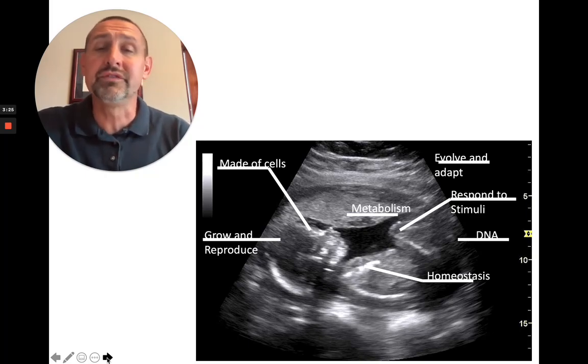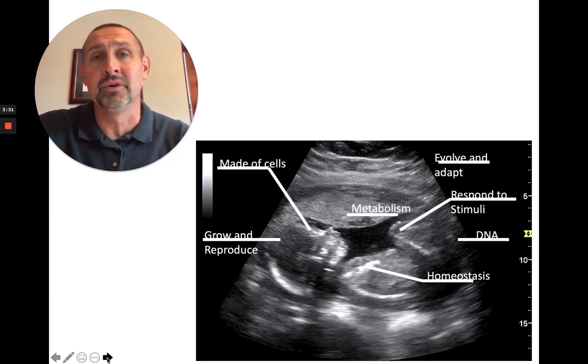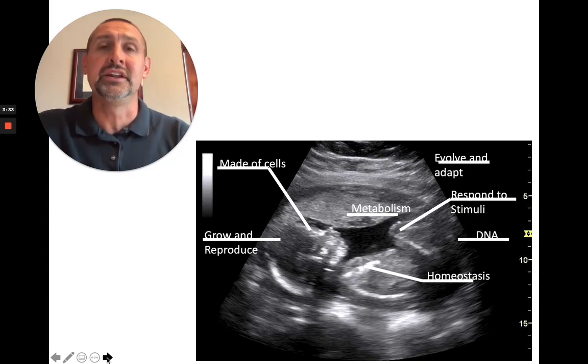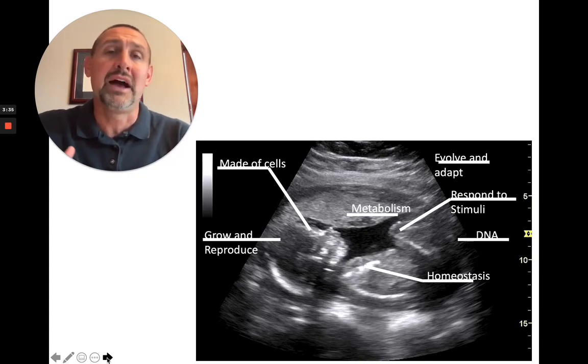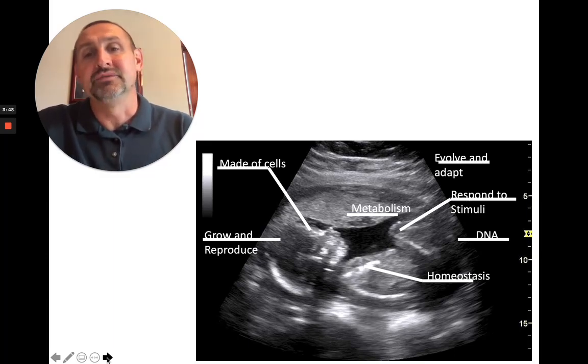We can observe the heart beating and recognize that the baby's maintaining homeostasis. We can see the umbilical cord, how the baby's getting nutrition, and those chemical reactions are going to allow the baby to do things like move, for example. We can see how the baby responds to stimuli as the ultrasound wand presses against the mother's abdomen, and the baby might wiggle and squirm as a result.